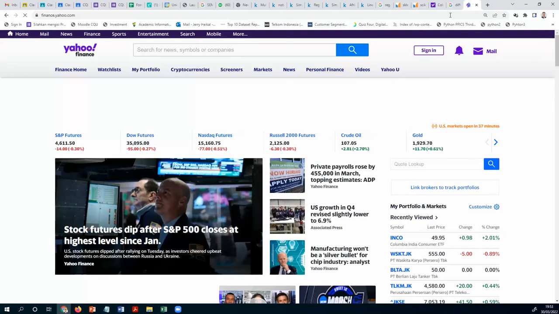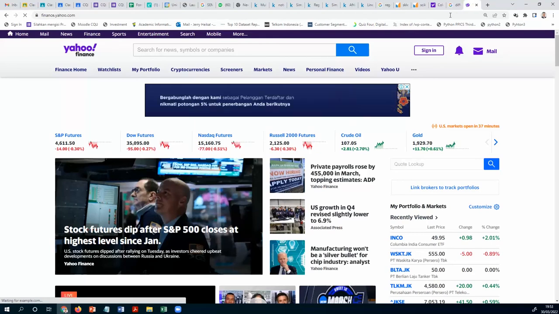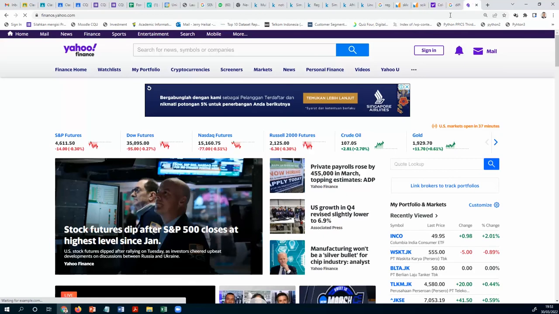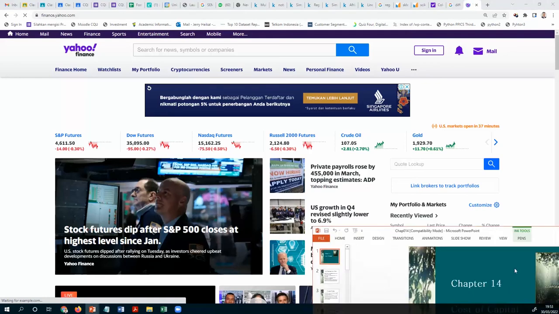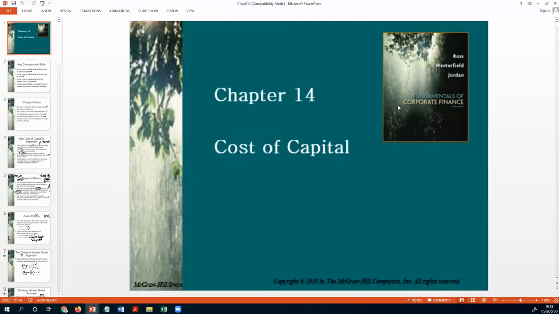The objective is that we would like to calculate the cost of capital or capital asset pricing model.